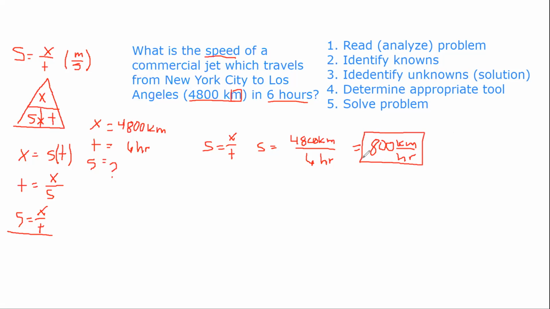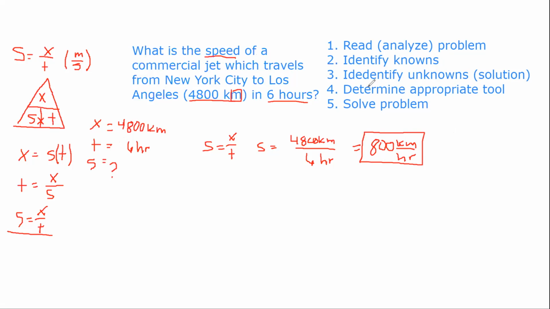So follow the steps. Let's start back at the beginning. We gave ourselves a template to provide ourselves the knowledge of what we know. We read the problem. That problem gave us distance and time. We used what we knew, and then we went looking for what we don't know. We identified that we didn't know speed, and it's asking us to solve for it.